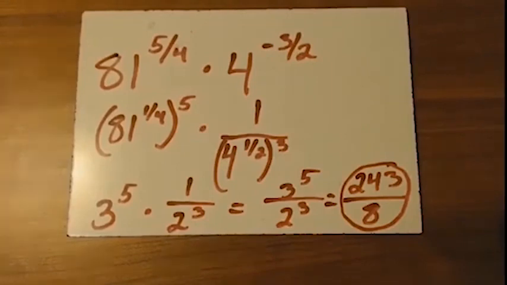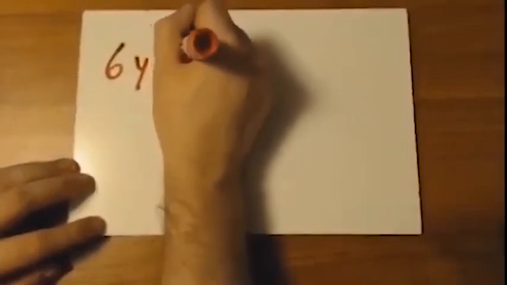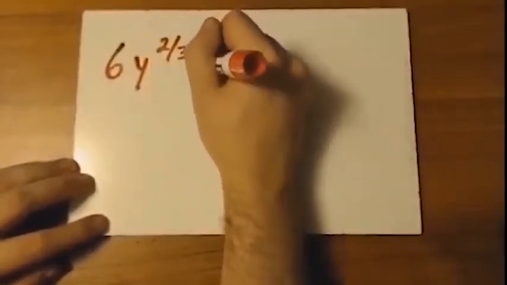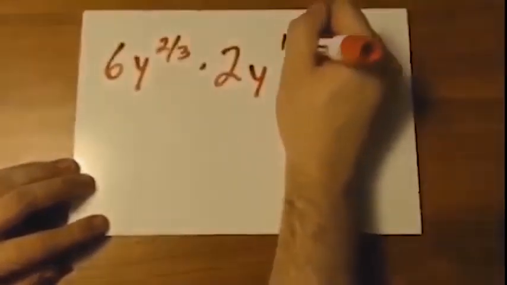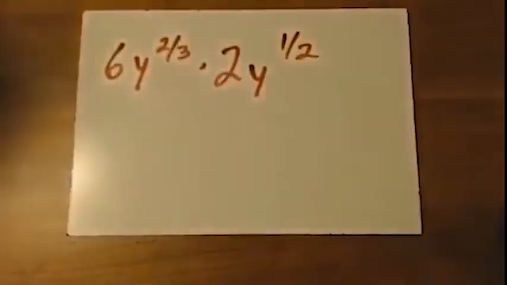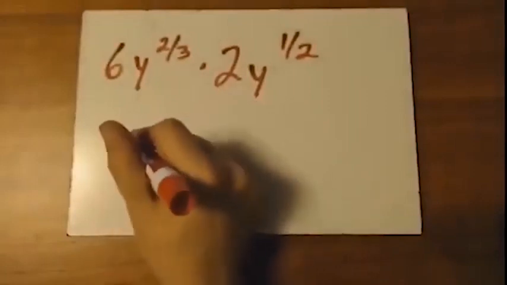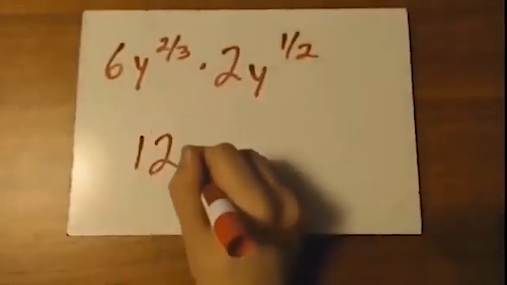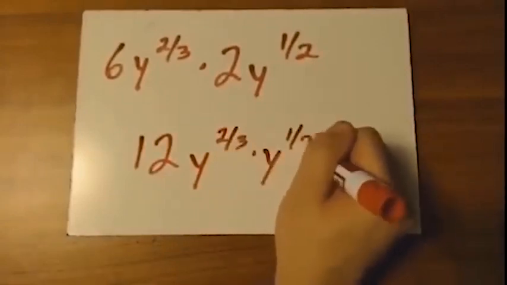C. Six y to the 2/3 times 2y to the 1/2. First of all, 6 times 2 is 12. Then we would have y to the 2/3 times y to the 1/2.